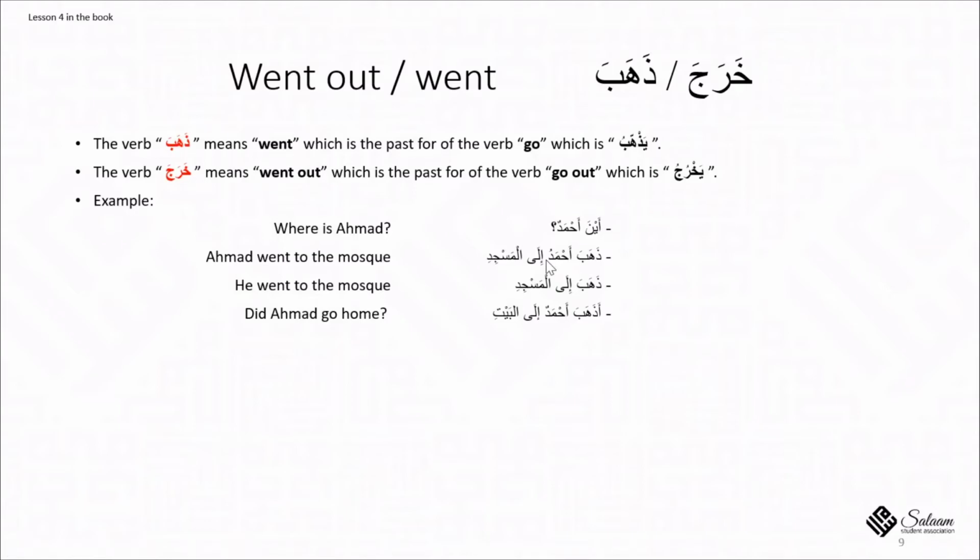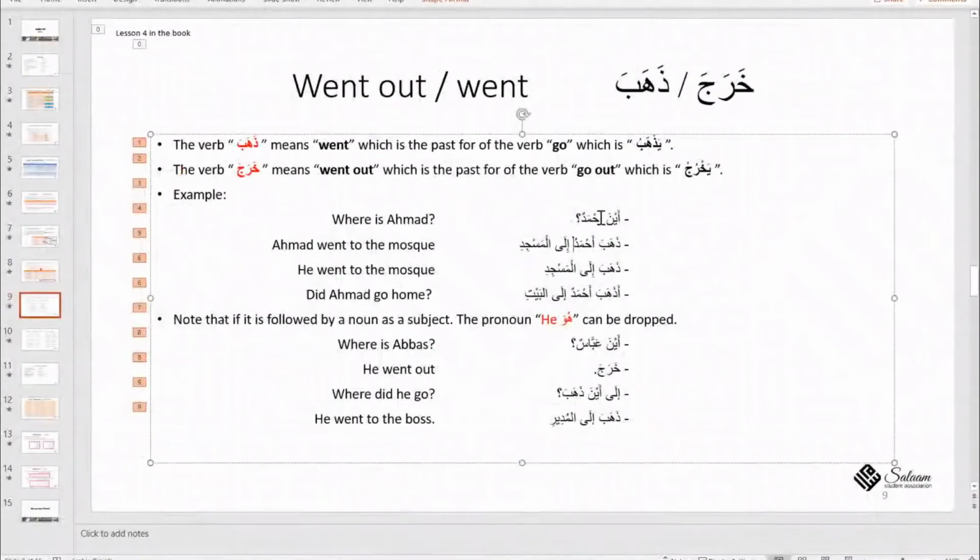Let's make it Muhammad, because Ahmad has a different rule. I had to change Ahmad because any noun that is the same as af'al should not have tanween. This is another case, but it's not in our lesson today.